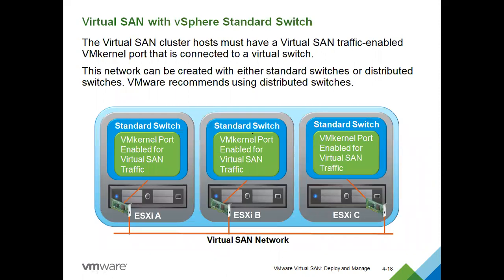So on each and every host, we have to create a VM kernel port and associate it with the respective physical NIC. From the NIC policy perspective, there could be 2 NICs, that doesn't matter, but there should be one active and one standby. You probably know better than me how NIC teaming policies work, right?